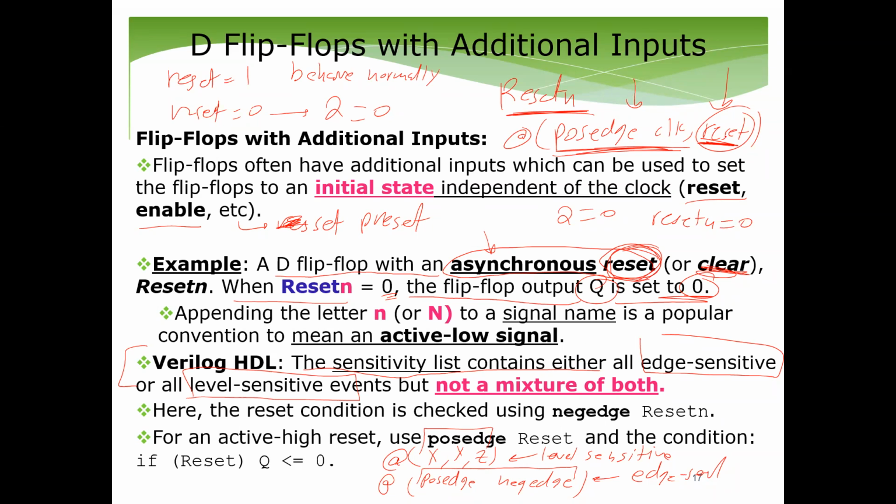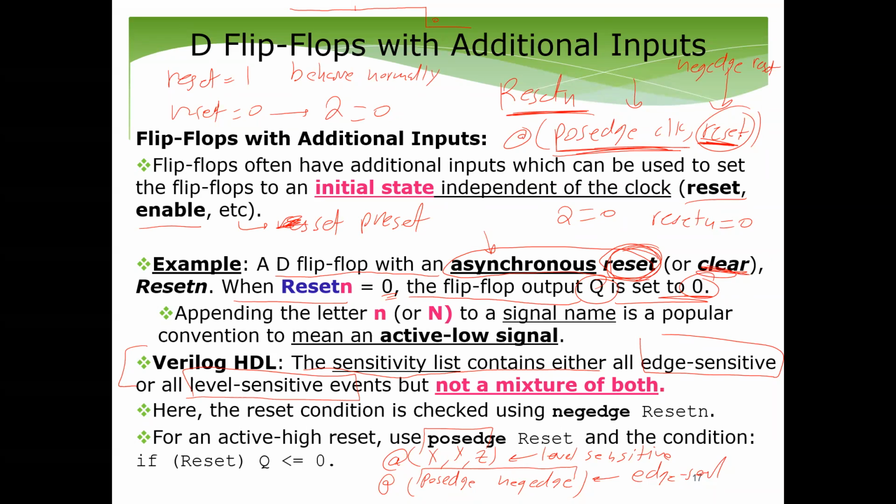So change this from reset to negative edge of reset. Okay, so you will enter this block whenever your reset signal goes from 1 to 0. From 1 to 0, enter this block. Inside the block we will see how to do the reset.